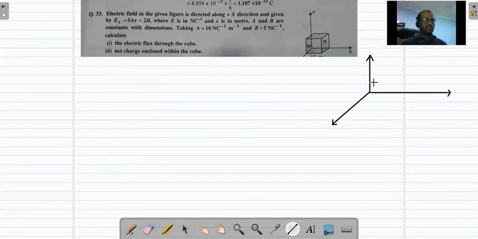And here is the cube placed. You see how to draw the cube. You can draw like this.